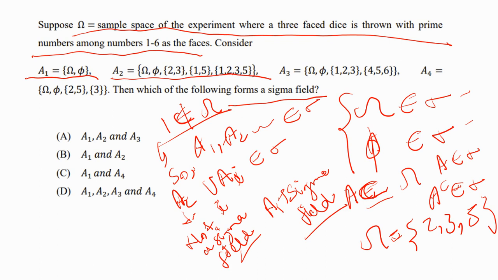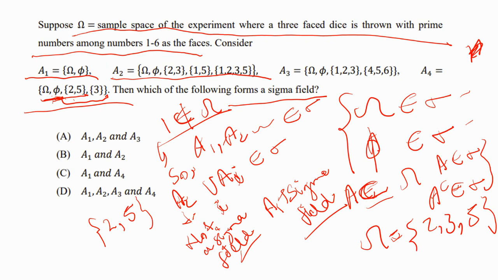Similarly, for A3 also we can discard it. Now for A4 we have omega, and then 2 comma 5, and 3. If we take any two sets, their union is present and their intersection is present. The other condition is that if A is present in sigma, then A complement must be present.